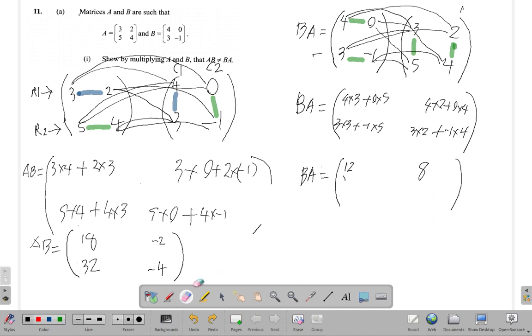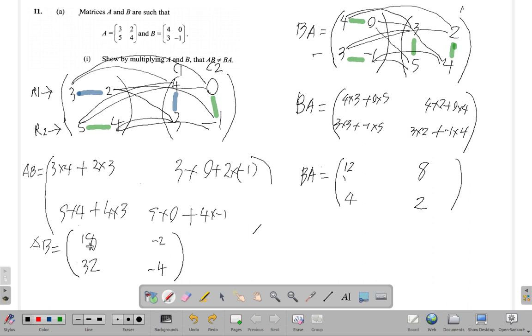So let's just write the 4 here. And then 3 by 2 is 6 minus 4. 6 minus 4 is 2. Let's just make it 2. Alright, good.